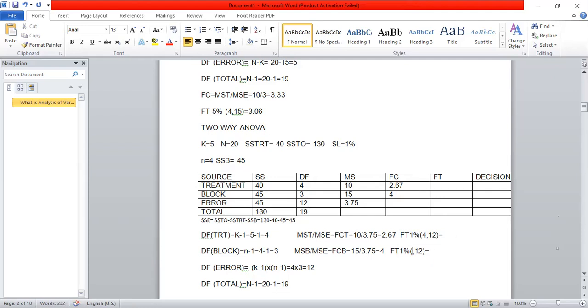It will be 3 comma what? This 3 against the 12. For the treatment, this 4 against the 12. So you're all referring them both subject to the error degree of freedom. So let's go to the table.